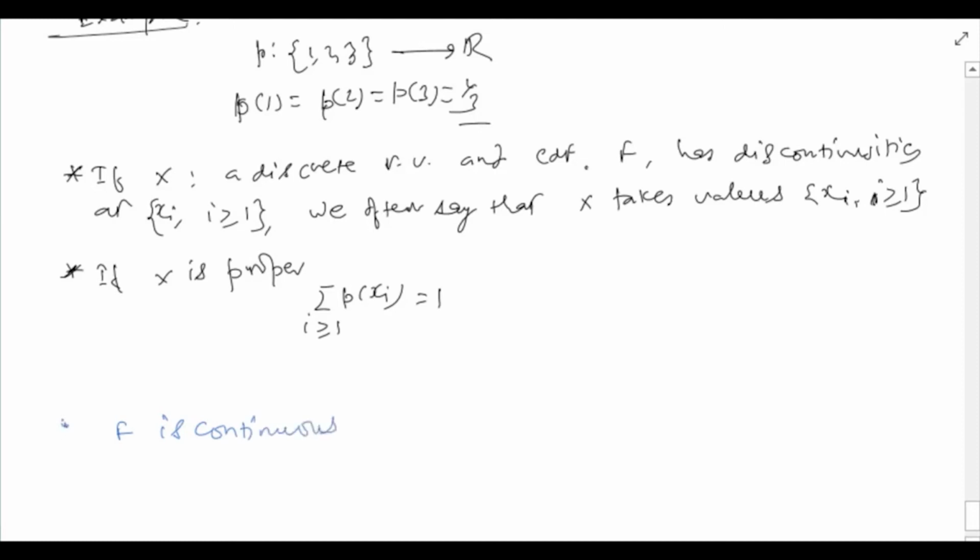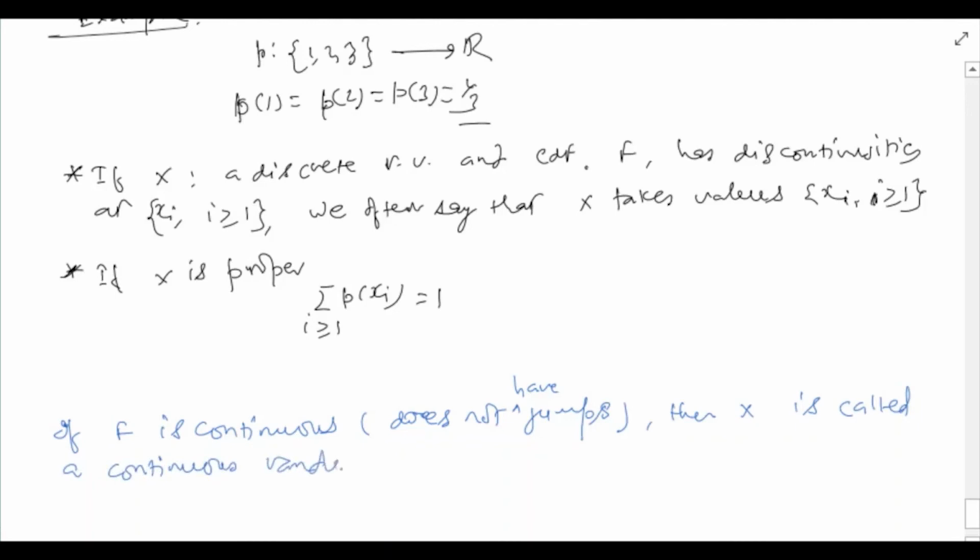If F is continuous, that is, does not have jump points, does not have jumps, then the random variable x is called a continuous random variable. So we are now seeing continuous random variables.